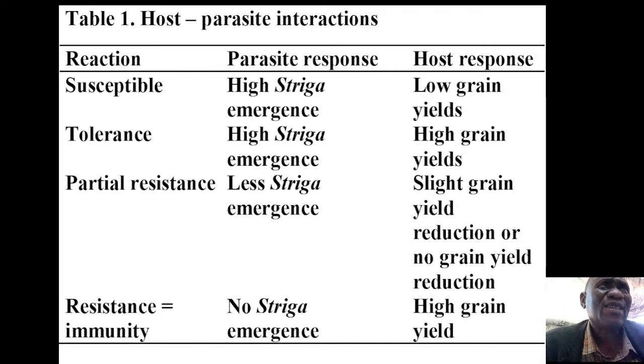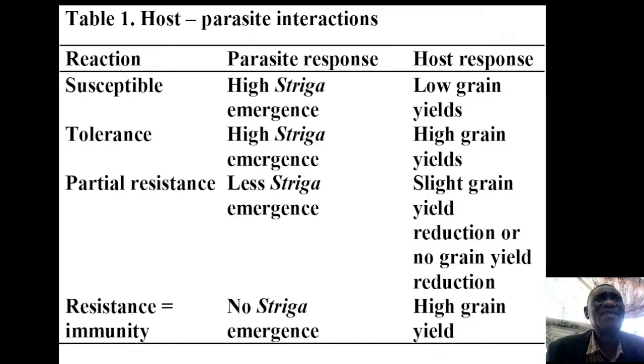Let us look at the host-parasite interactions. What we call a susceptible genotype is that it is going to support high Striga emergence and give us low yields. The one which expresses tolerance can have high Striga emergence but high grain yield.